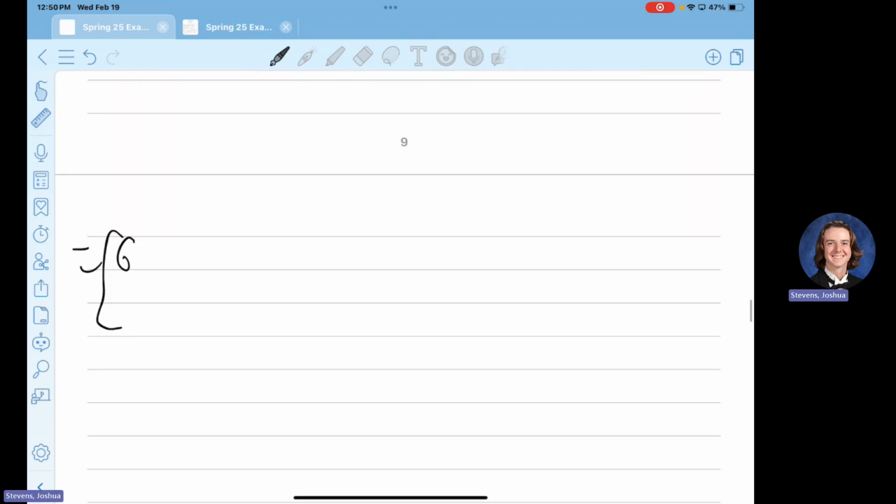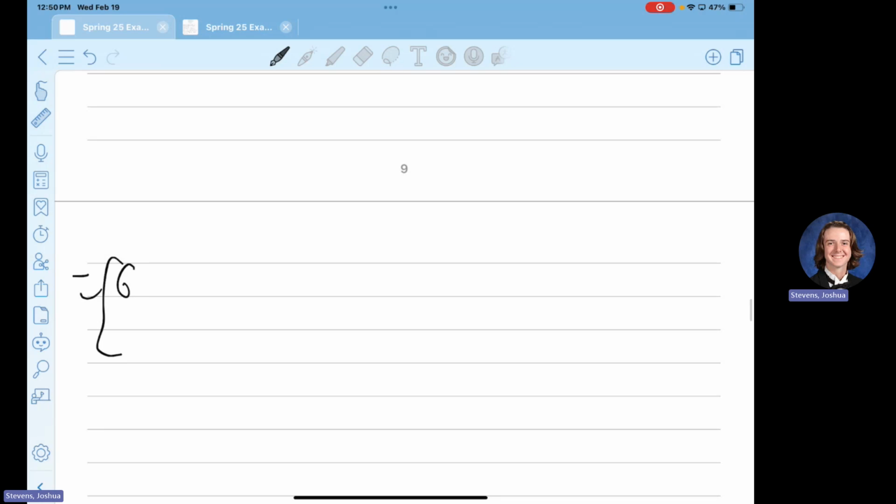Okay, so when you subtract over that matrix, you get this: JG plus JF, negative GF, 0 right there.